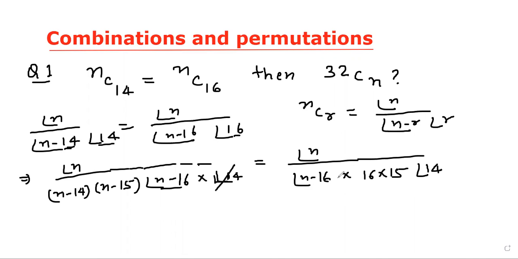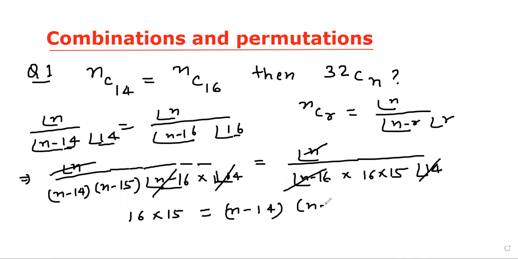So factorial 14 will cancel out, factorial n minus 16 will cancel out, factorial n will cancel out. Then we will be left with 16 into 15 is equal to n minus 14 times n minus 15.